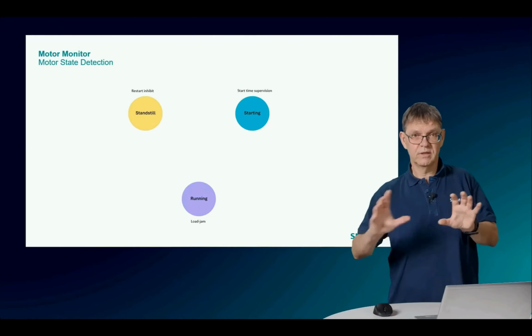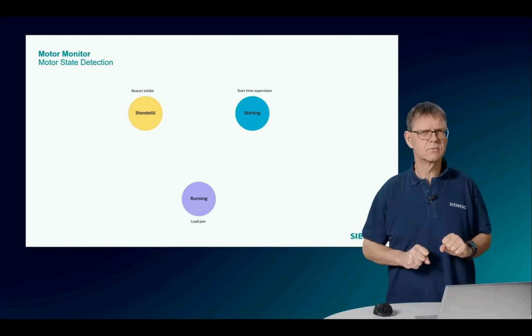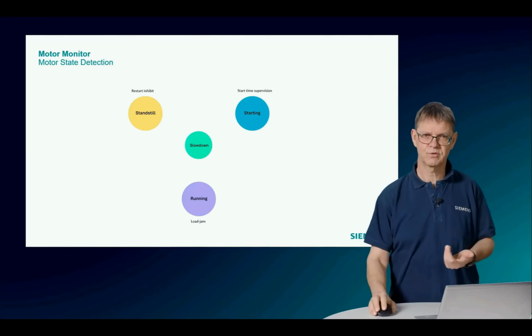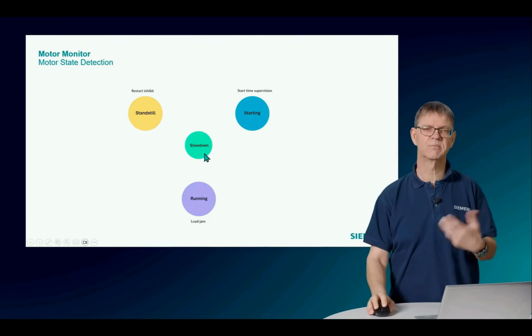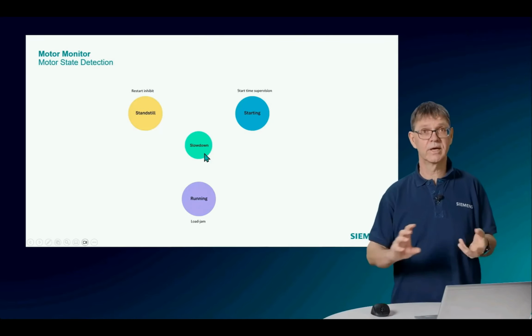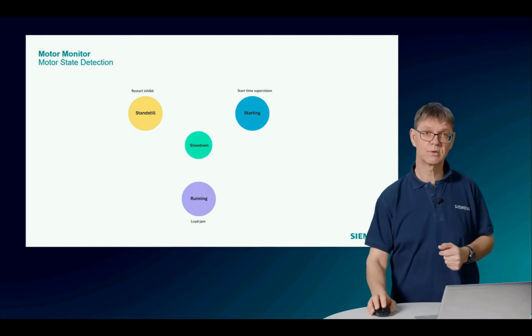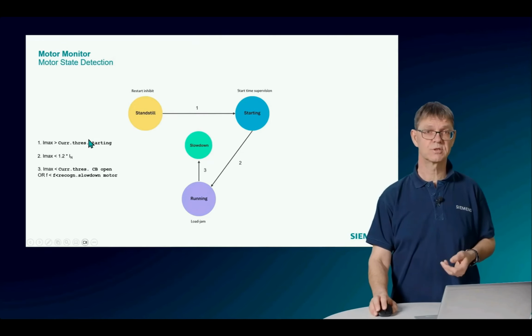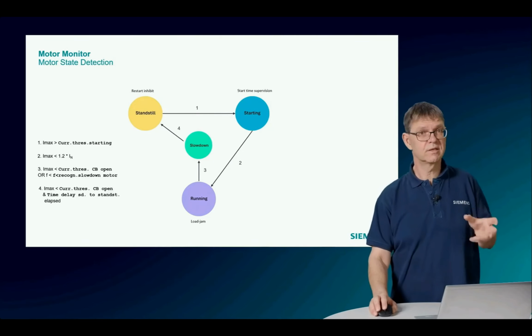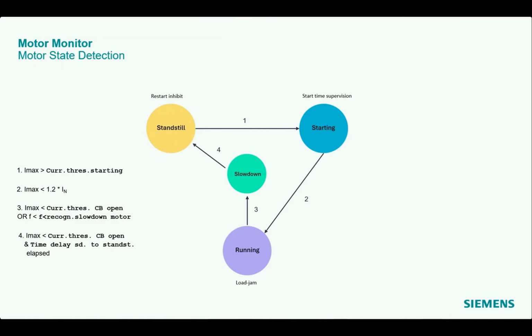Okay, how do we find out in which state this motor is? First of all, we have a fourth stage, a kind of dynamic or intermediate state, slowdown, to handle dynamic situations of the motor. But to come from one state to the other one, we have conditions defined which are relatively clear, so that the protection relay always can see, depending on the state and these conditions, if the motor is going to the other state.